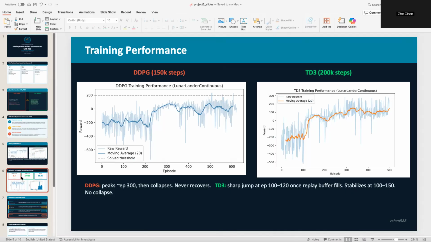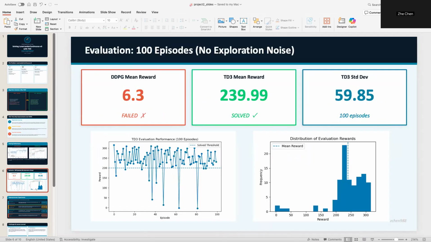And next is the evaluation. These are the evaluation results over 100 episodes without noise. DDPG fails to produce a reliable landing policy, with a mean reward of only 6.3.